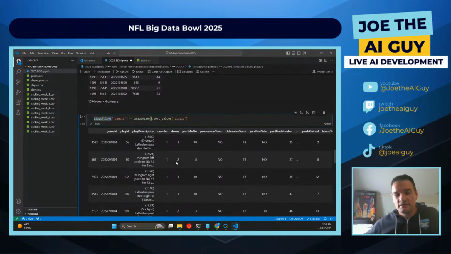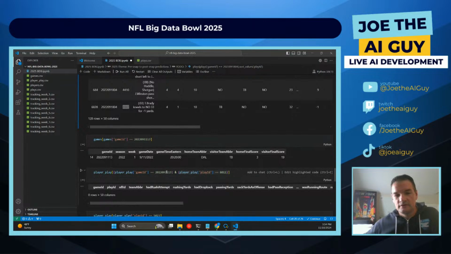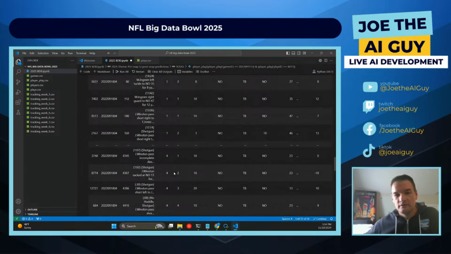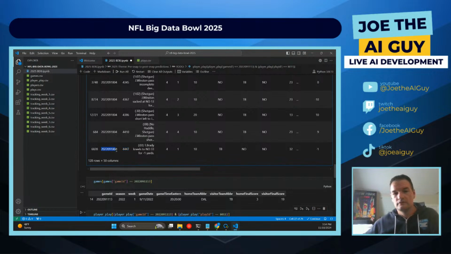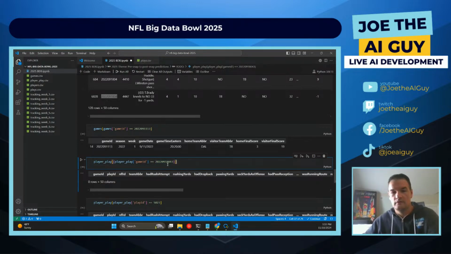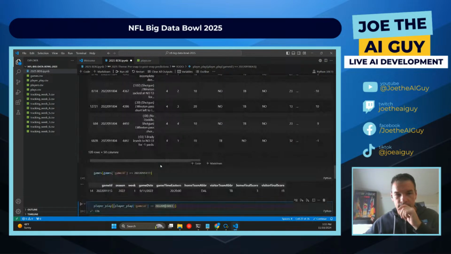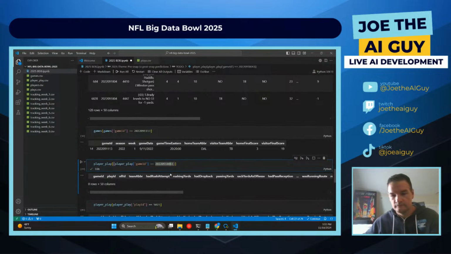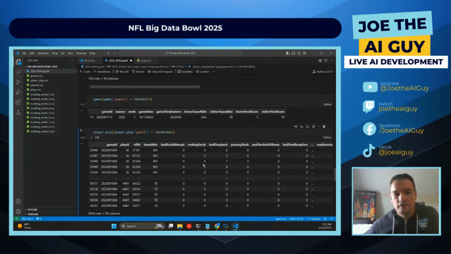So go here, this is the plays, and then we need to look at the player play. So when we see this, yeah, here's the play ID.